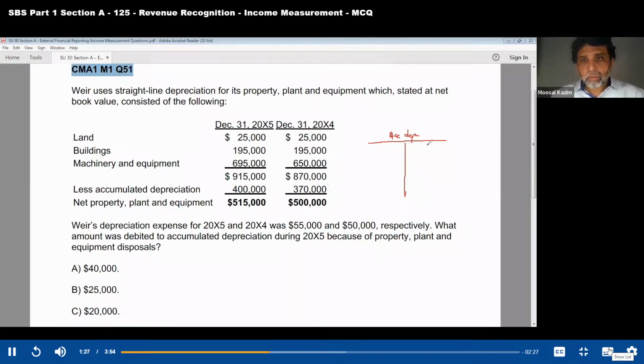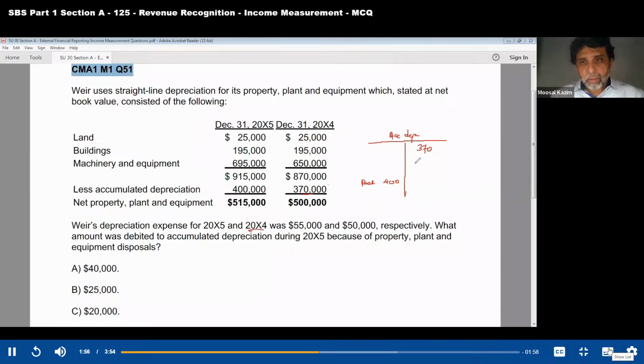It started off with the 2004 balance of 370. I'm doing it in thousands. And the balance carried down is 400. So the account should have a 400 balance in the end. They have told you that the depreciation expense for 2005 and 2004 is 50,000. Now 2004 depreciation is already included in this 370.